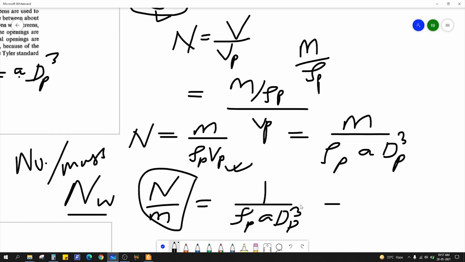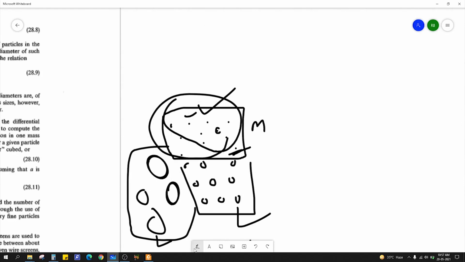This is the formula when we take a single sample. We take only this sample, which has uniform diameters throughout and mass m. Then this formula is applicable. What about if I mix a lot of samples?